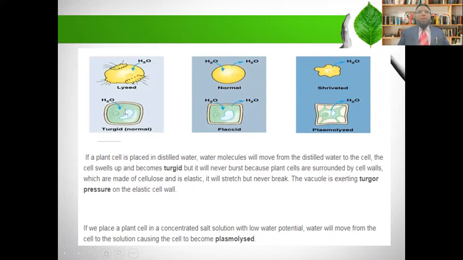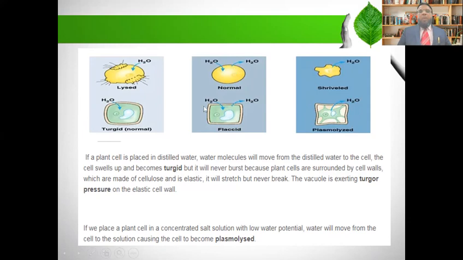And it happens in the plant cell because in the plant cell there is a cell wall that prevents the cell from bursting. But if the same thing happens in the animal cell, when water enters into the cell, as the animal cell has no cell wall, it swells in size and after that it bursts.